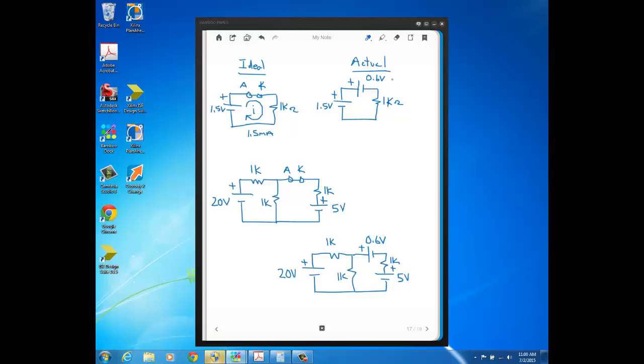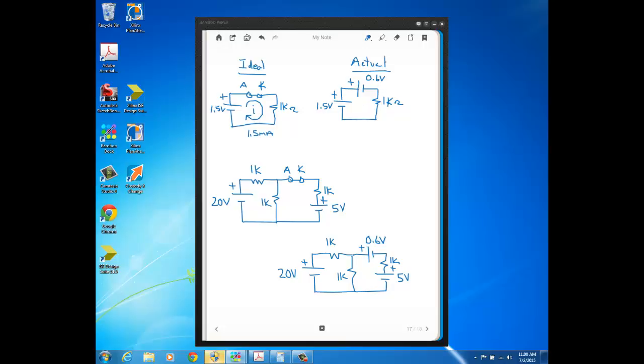Sometimes in some of the homework problems in the book, it's replaced with a 0.7 volt source. So either one's fine. In reality, it's going to be somewhere in between there. Like if you actually hook a diode in an actual circuit, say in the lab, the forward bias voltage is going to be somewhere between 0.6 and 0.7. But in analysis, we use one of the two extremes. And in my lectures, I mostly use 0.6. In the book, you might see 0.7.